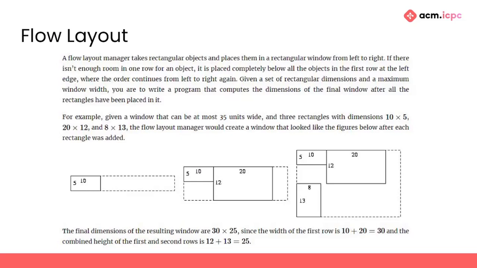When our current row's width plus the current rectangle we're looking at exceeds the limit, we create a new row. So we save our max height and then move on to the next row, and repeat until we've looked at every rectangle. Pretty simple, right?